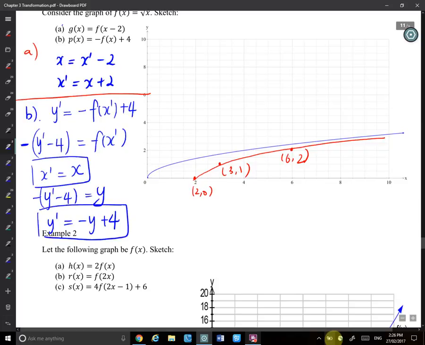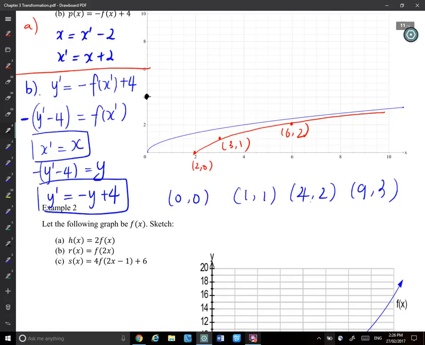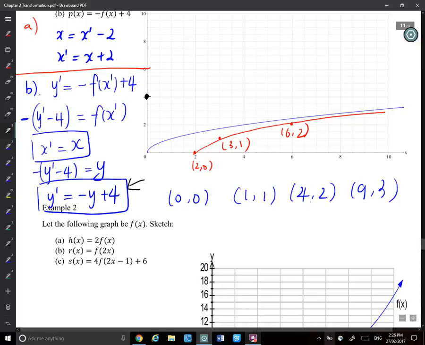Let's still look at those points. First I have point 0, 0, point 1, 1, point 4, 2, and point 9, 3. Those are points easy for me to work with at the beginning. Your x won't change. Your y will be negative y plus 4. Then 0, 0 becomes 0, 4, because you sub y equals 0 into this equation to find y dash.